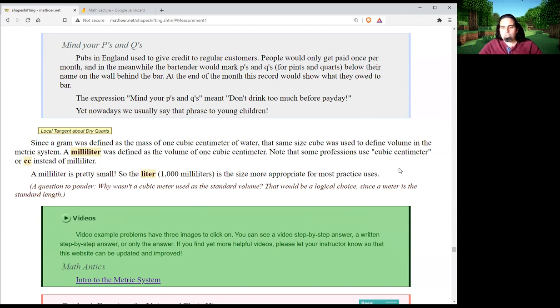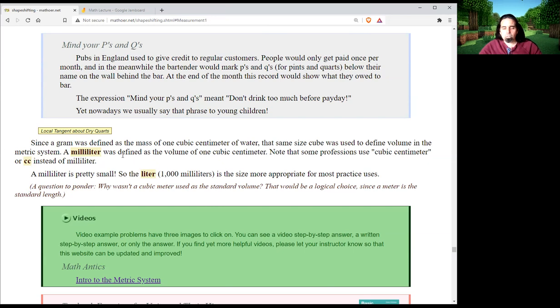Some places use cubic centimeter instead of milliliter. If you work on motorcycle engines, they're measured in cc's. If you are a nurse giving injections to people, the shots have cc's. I'm not sure why some places have milliliters and other places have cc's, but they're exactly the same thing.